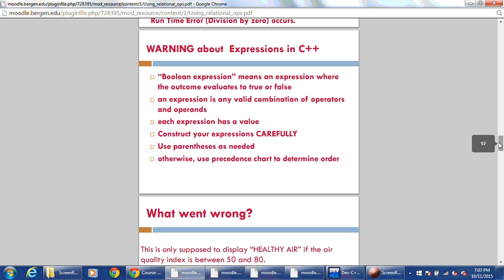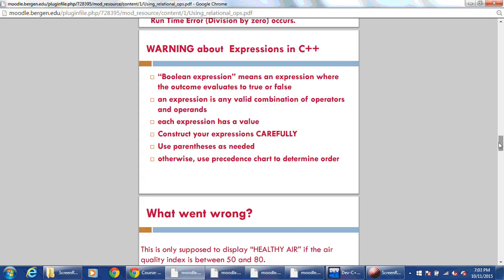A couple of things to warn you about Boolean expressions, because these relational and logical operations are Boolean expressions. They return a true or false. A Boolean expression is going to have an outcome of true or false. It's going to have any valid combination of operators and operands. As we've seen before, you can have an addition with a division with a less than or equal to and an AND.